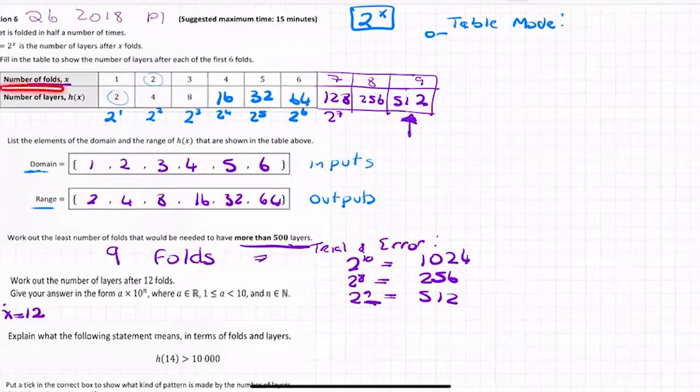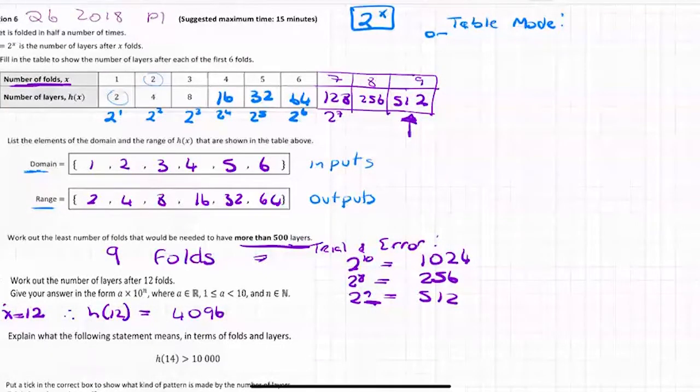We see it up here in our table. So therefore, h of 12, in other words, how many layers have I for 12 folds, is 4096. Okay, give your answer in the form a by 10 to the n.